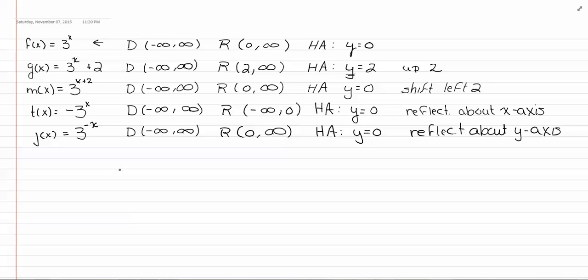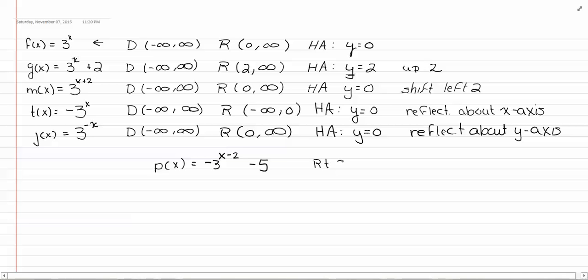So if I put a few of these ideas together, and I have p of x equals negative 3 to the x minus 2, minus 5, I can talk about how this gets translated by looking inside the function first. The minus 2 is going to go to the right 2. This negative in front, remember, tells me that I'm going to reflect about the x-axis.